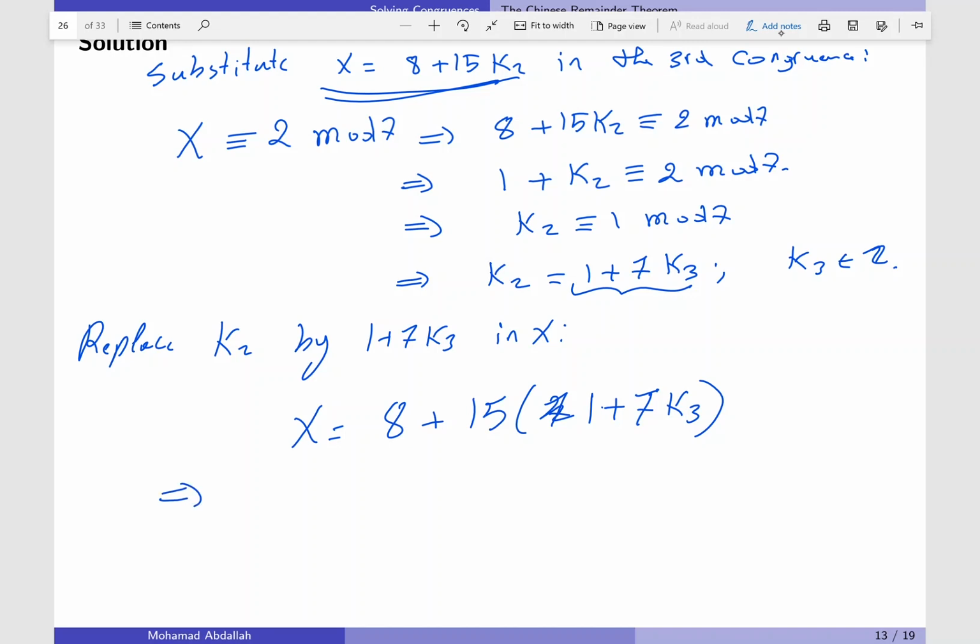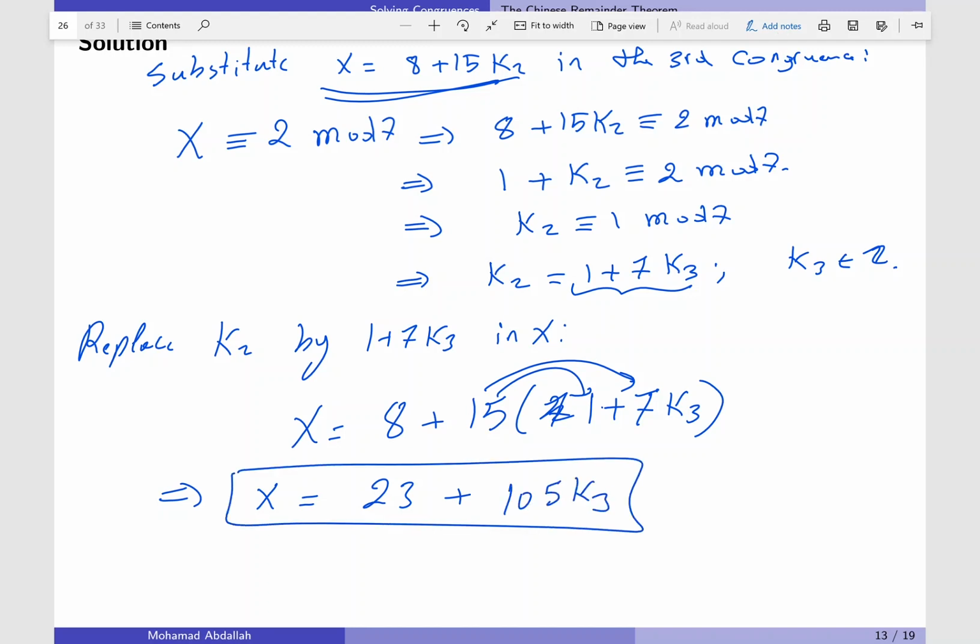So then x is equal to 8 plus 15 is 23, and then you have 15 times 7k3, which is 105k3.